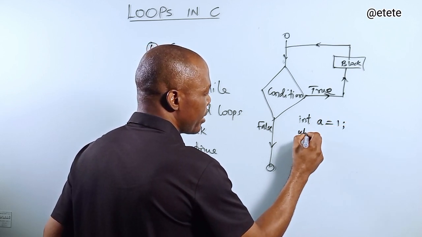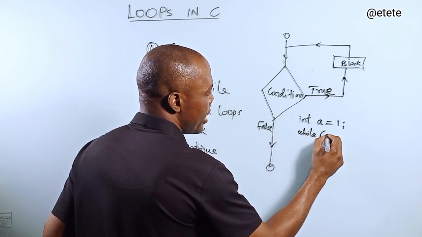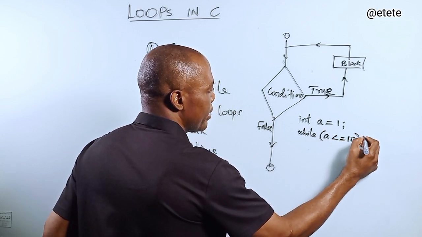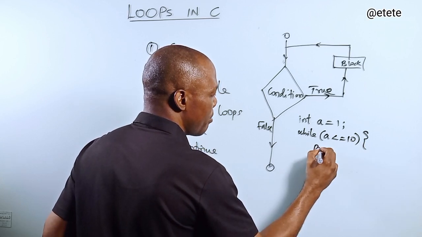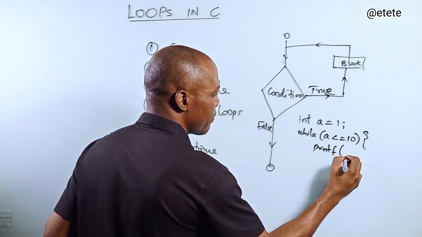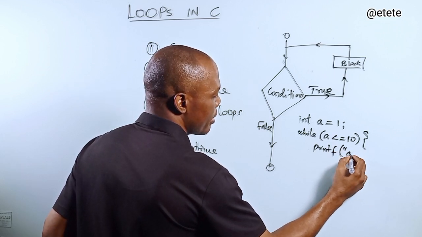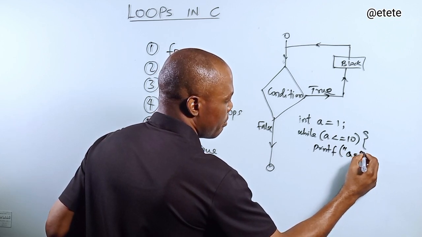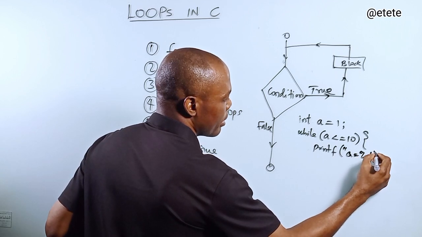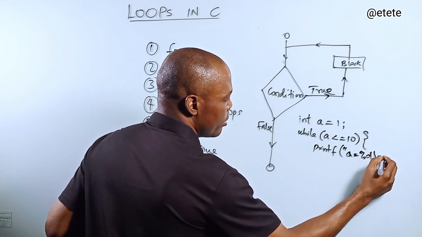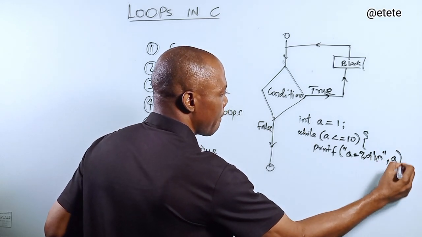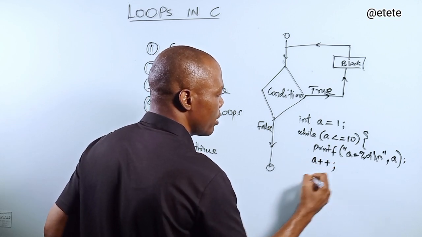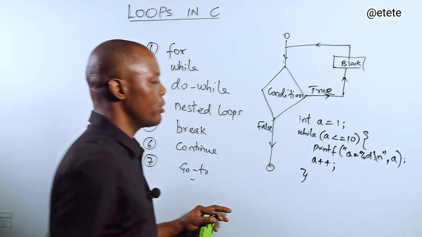Then I say while a is less than or equal to 10, go in and printf a, percentage d, a new line, then a. Then a++, another statement. So I close my loop.